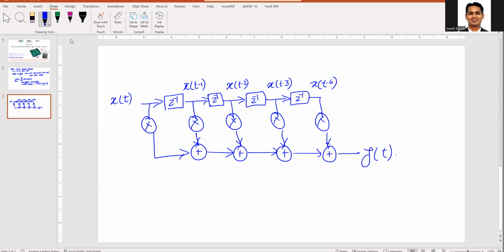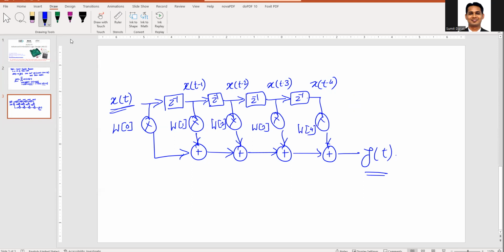You can see that when you apply x of t, you get y of t, with the weights w of 0, w of 1, w of 2, w of 3, and w of 4. So this is how your filter looks.